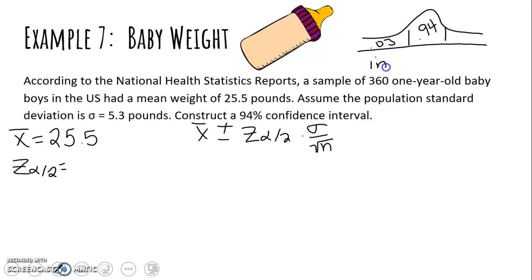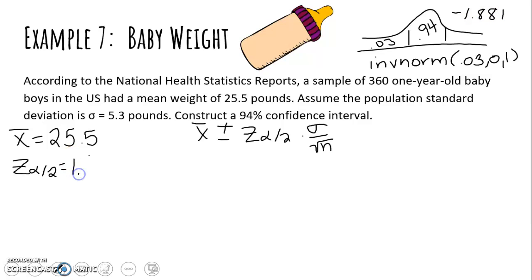So we're going to do INV norm 0.03, and don't forget this is for the standard normal curve to do the critical value like that. So second vars, INV norm, which is number 3, 0.03, and we get negative 1.88079, so negative 1.881.